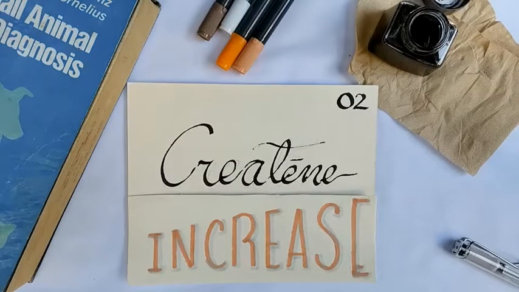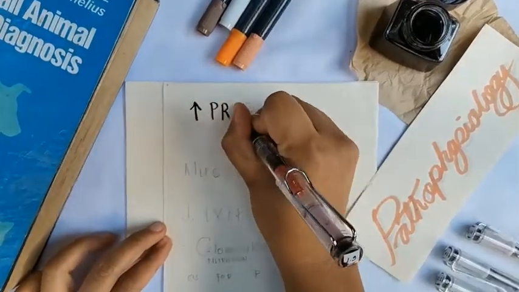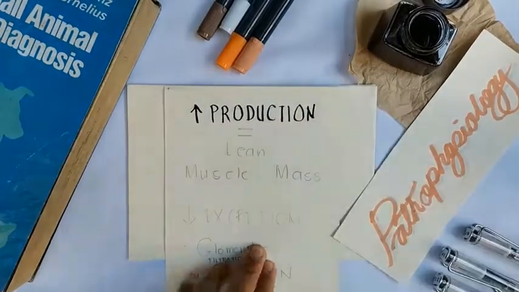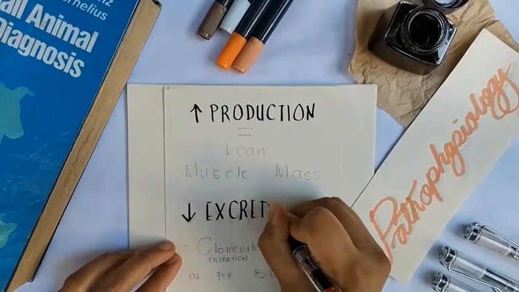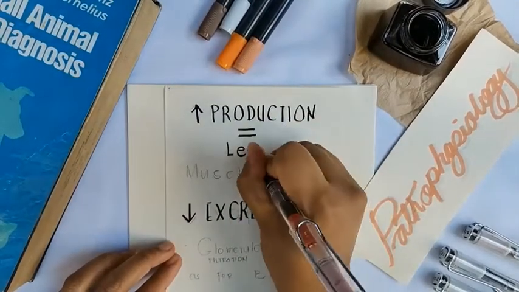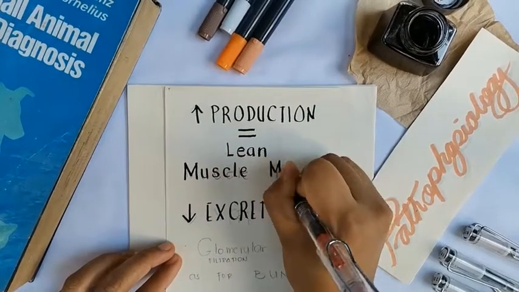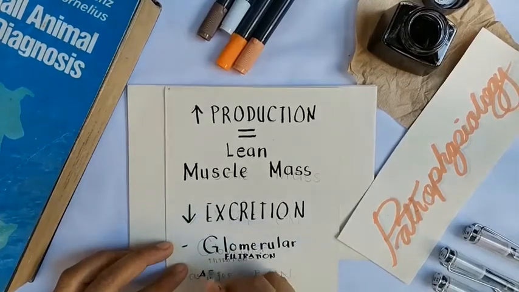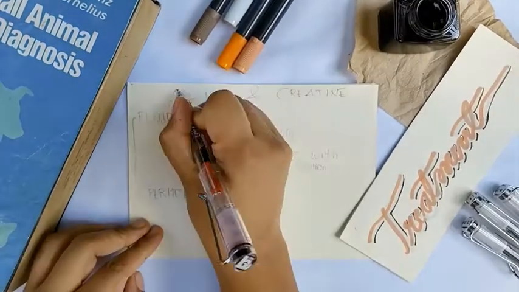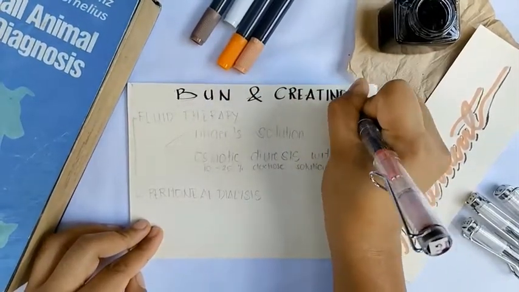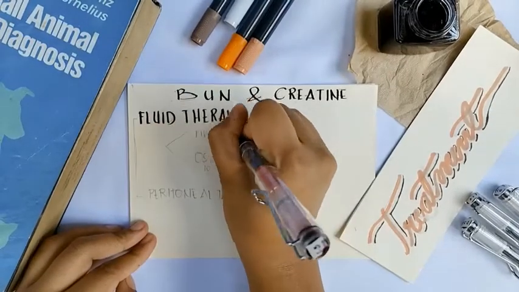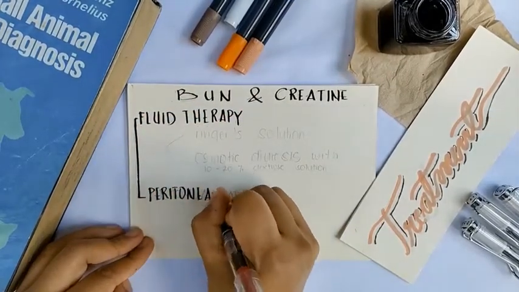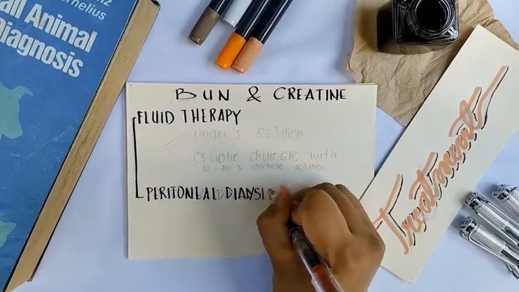Increase in level of creatinine: pathophysiology is due to increase in production and decrease in excretion. Production is constant and proportional to the lean muscle mass, while excretion depends on the glomerular filtration, as for the BUN.